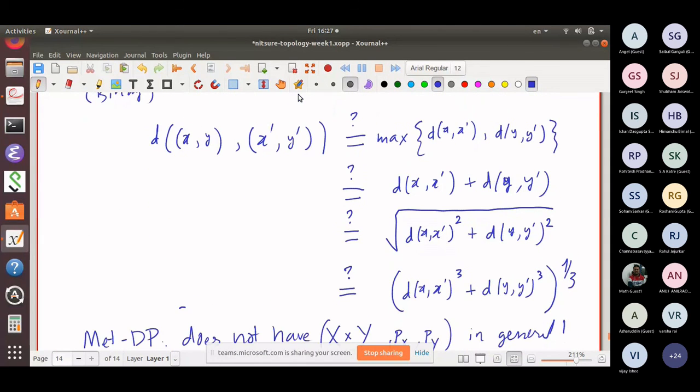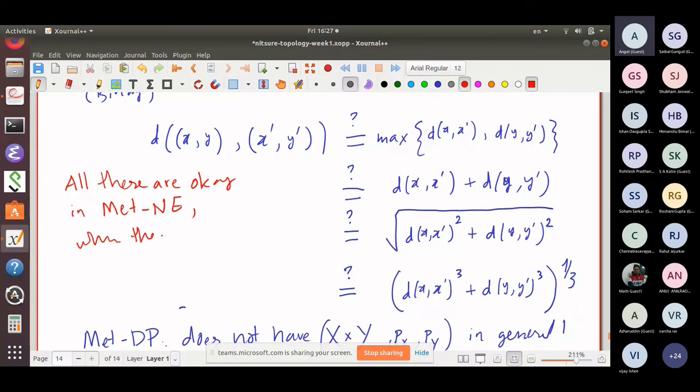So let me write here the answer. All these are okay in MET non-expanding, where the resulting triples x cross y, px, py are uniquely isomorphic.